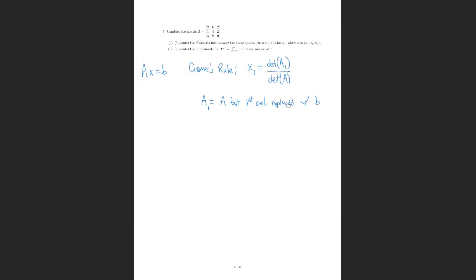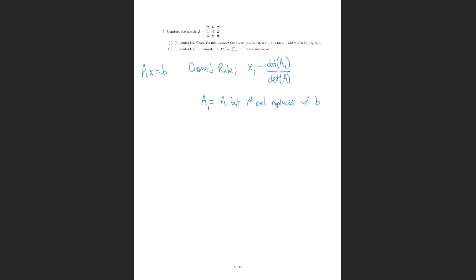Okay. And then likewise, X2 is determinant of A2 over determinant of A, where A2 is the matrix A, but the second column is replaced with vector B, and so on and so forth.